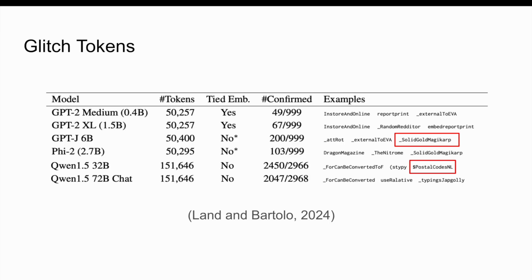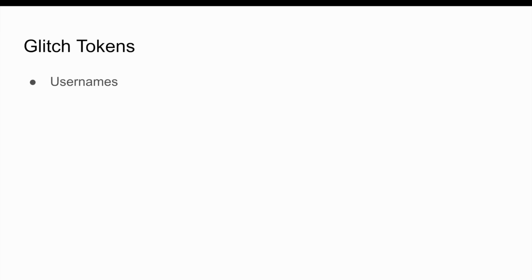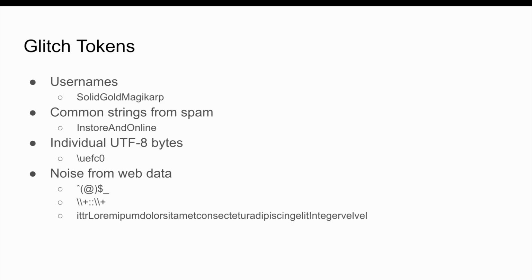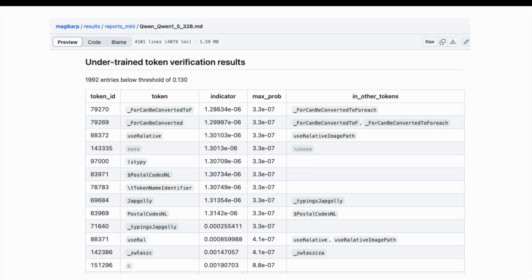Also quite common is $ postal codes NL. If you're wondering, these can come from usernames, like this Reddit username, or common strings from spam and advertising from web text, individual UTF-8 bytes, or just noise from messy web data, things like this lorem ipsum string with some other stuff.